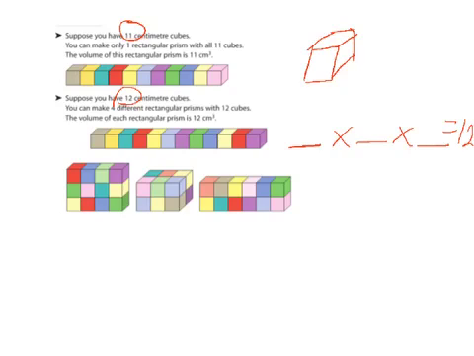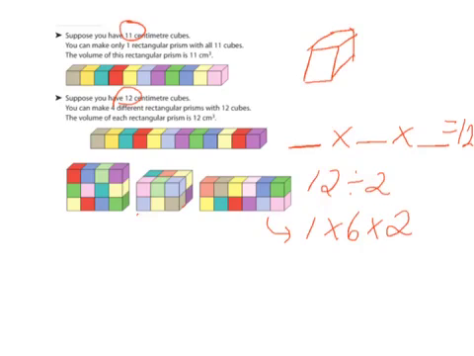We can have 3 numbers that multiply to equal 12. So we could try a few things. Well, 12 divided by 2 would be 6. So I could have one layer by 6 with rows of 2. And that would be this one here, actually.